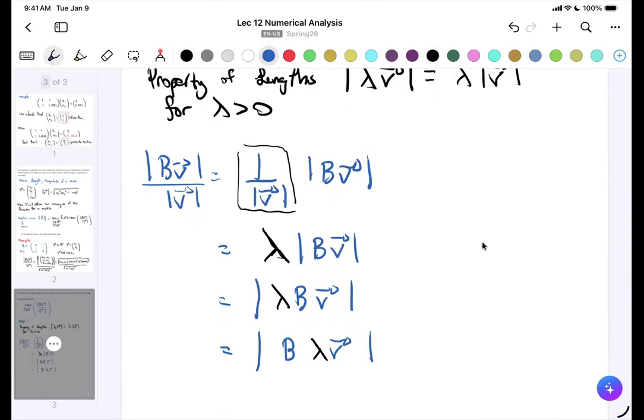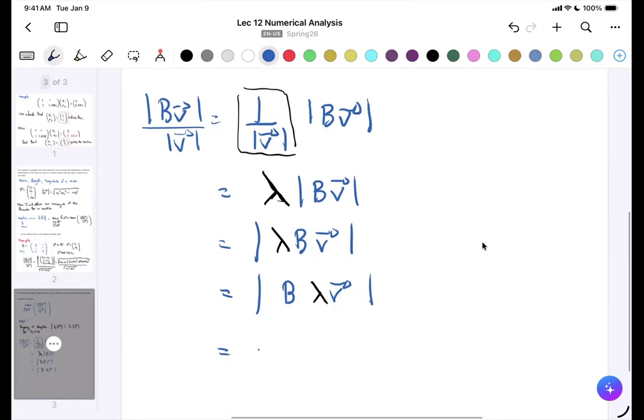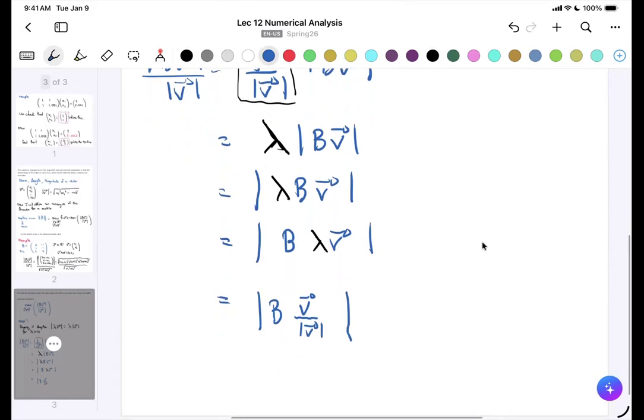Now let's use back the definition of lambda, which is 1 over the length of v. So this gives you b times v over its length. Let me put this in parentheses, just to make it a little bit more clear.